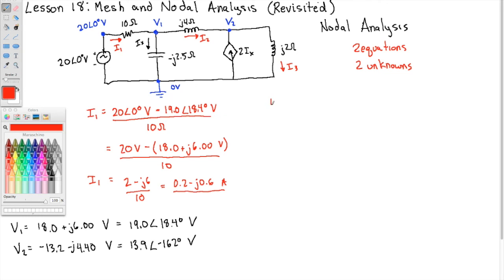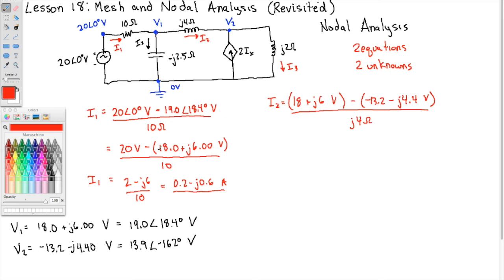If we want I2, I2 is V1 minus V2 over J4 ohms. So V1 is this guy here, 18 plus J6 volts minus V2, which is minus 13.2 minus J4.4 volts over J4 ohms.